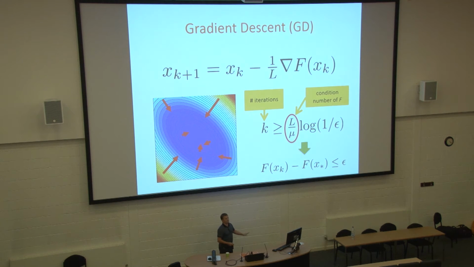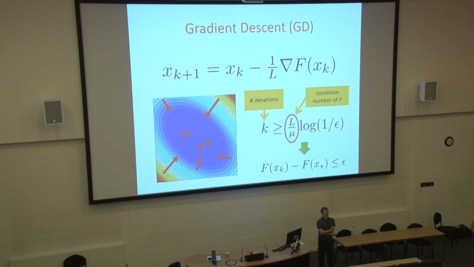That's it. This is a theorem. This is true. So all you need to know is this number about a hill. And when you know this number, this logarithm is nothing. It's just a small number. You can ignore it. So if your hill has a certain condition number, that's the number of steps you need to take in order to climb the hill. That's it. Or descend the hill, since we're minimizing. So this is a theorem.